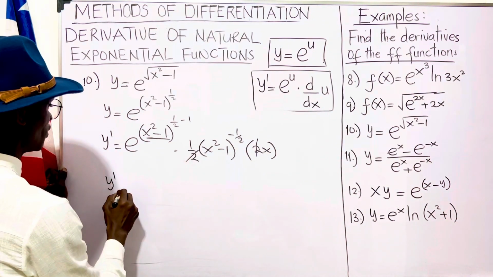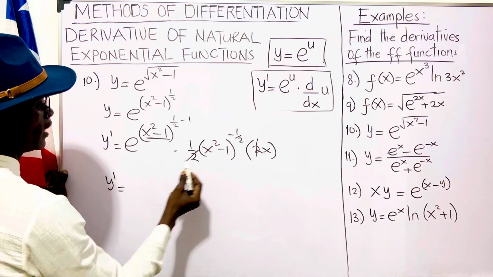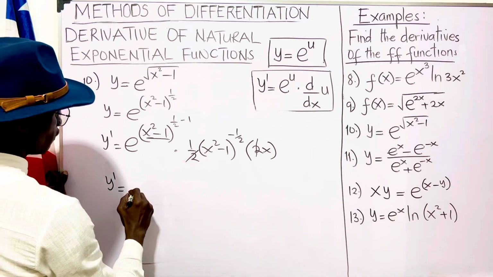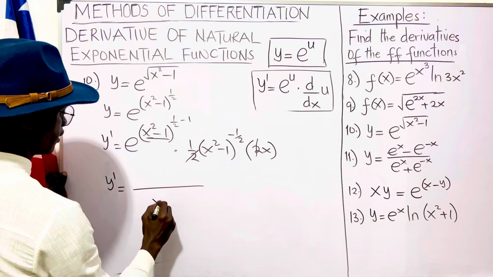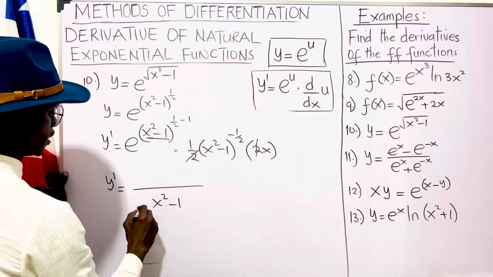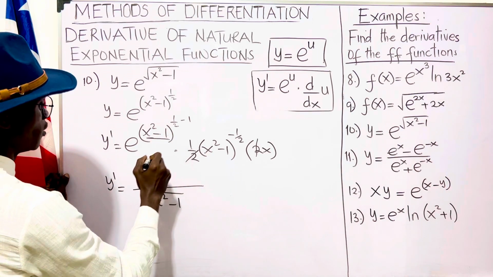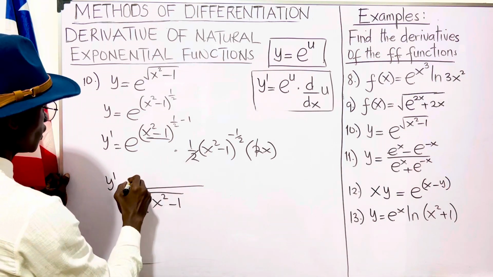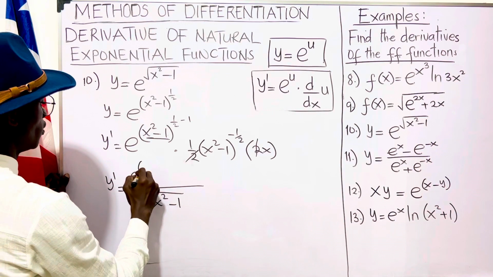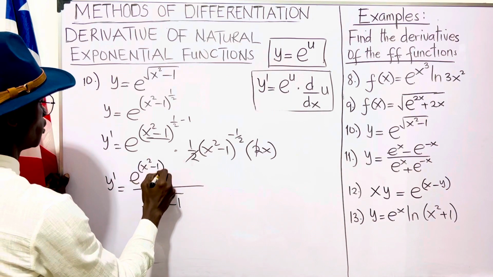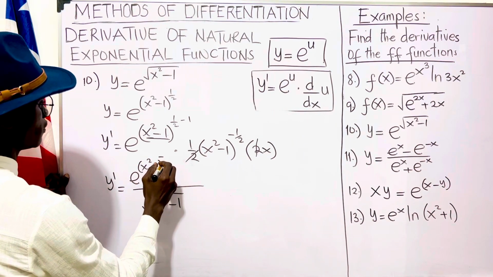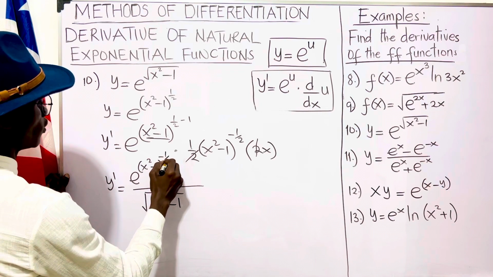So y prime now is equal to, remember now, this is negative, so it goes within the denominator as x squared minus 1. So we can just take it as square root. And then in the numerator now, we have e raised to the power square root of x squared minus 1.